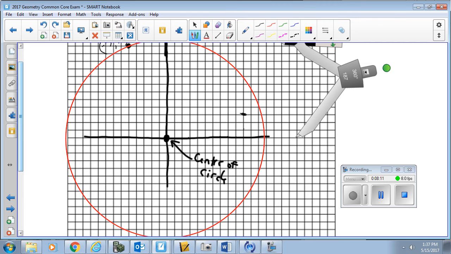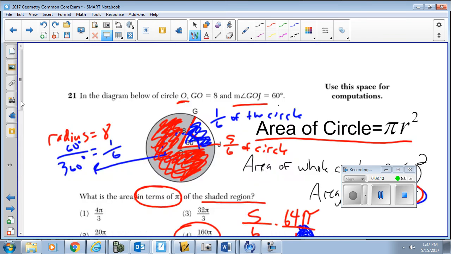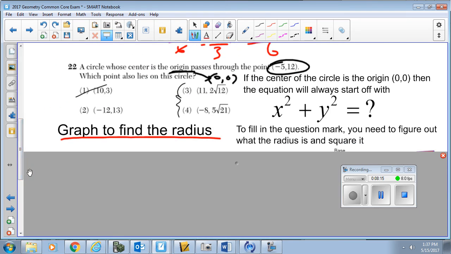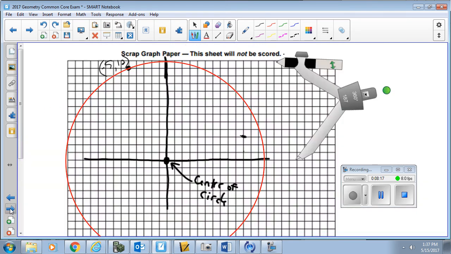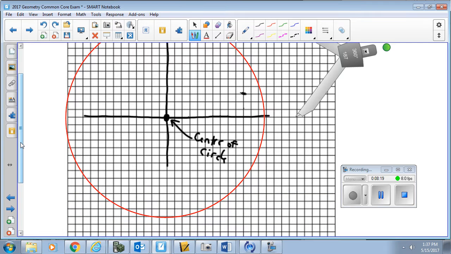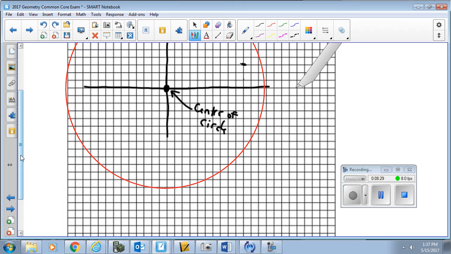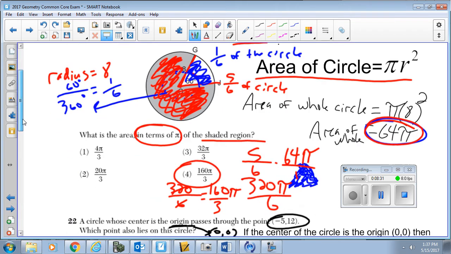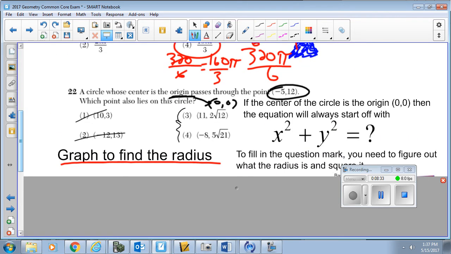That point obviously doesn't lie on the circle, so we can eliminate that. Then negative 12, 13: 1 through 12, then 1, 2, 3, 4, 5, 6. That would be a point way up here. So that point's not on the circle, and I'm going to say that's not right.